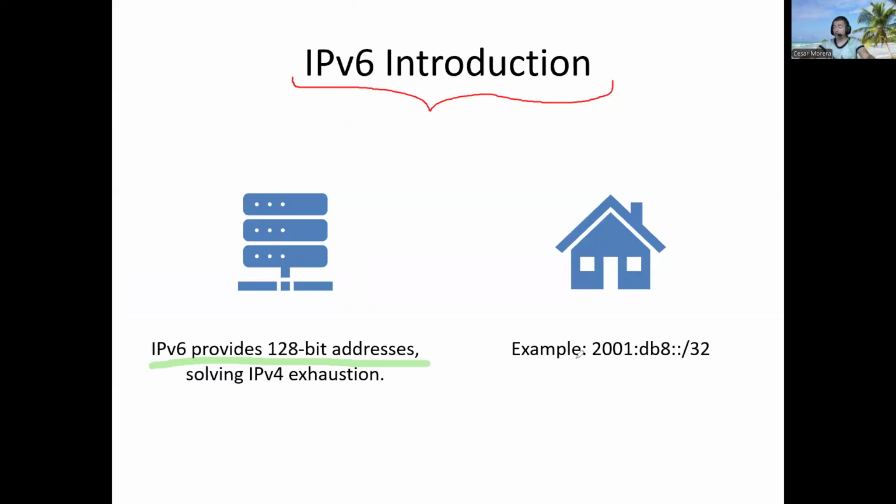And this is an example of an IPv6 address. This is the abbreviated version. We can have an expanded version, but this is the compressed, the abbreviation of the IPv6 address. Okay, let's continue moving on.